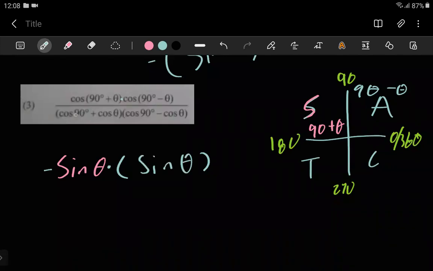And then down here, we have to keep things nice and slow. So the fortunate thing is, remember, 90 is a special angle, so you don't have to worry about changing anything. You can just put that in your calculator, and your calculator is going to give you a 0.